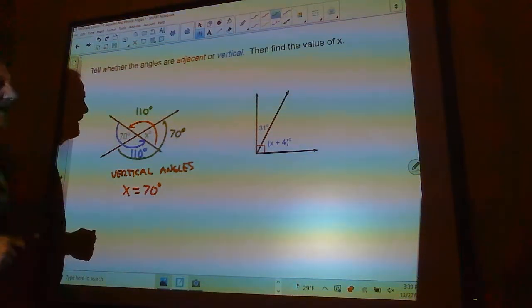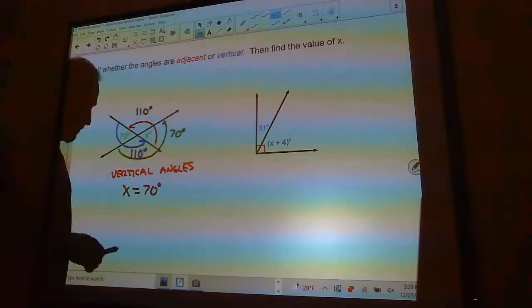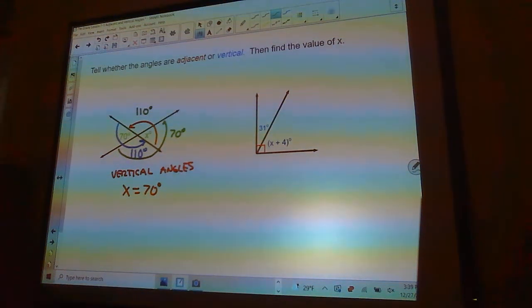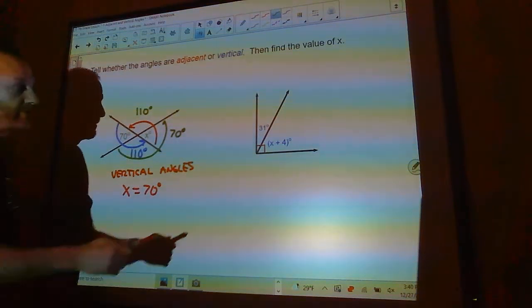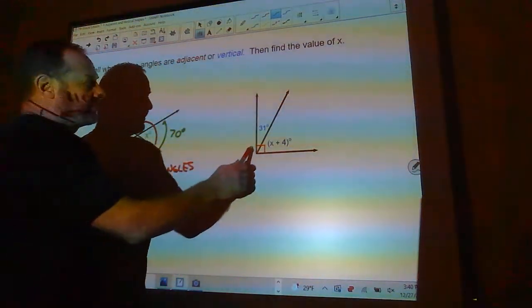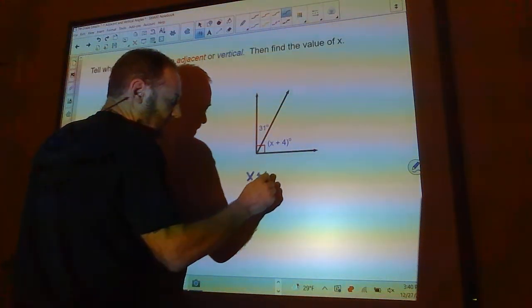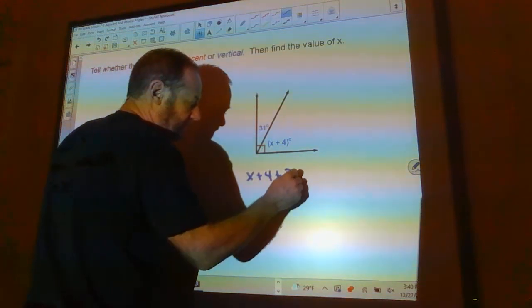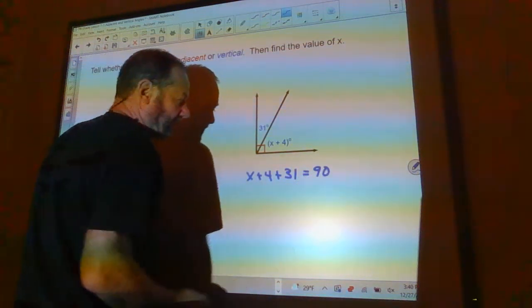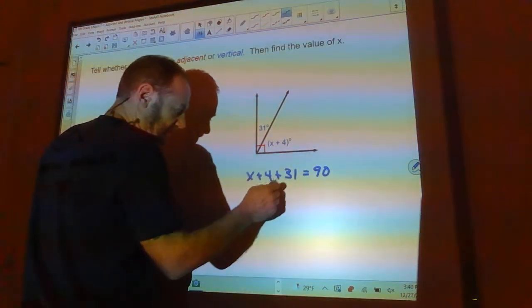Now notice this. These two angles right here are adjacent. They share a side and they share a vertex. So here's the vertex, here's the side that they share, and they add up to 90. So here's what I know. I know that x plus 4 plus 31 has to equal 90. And so I can figure out what x is because I can combine my like terms here.